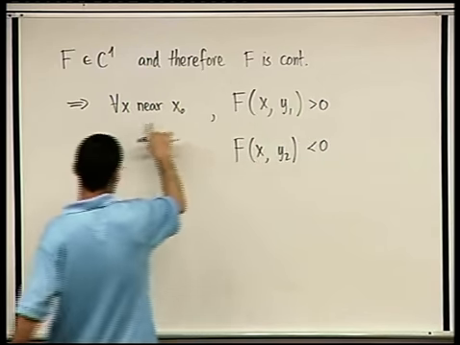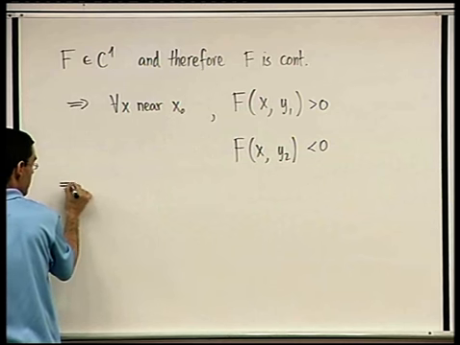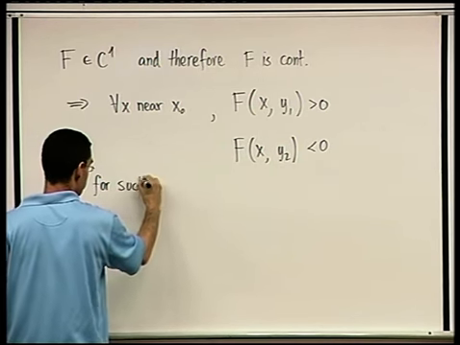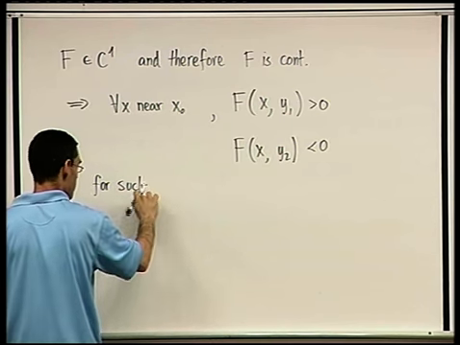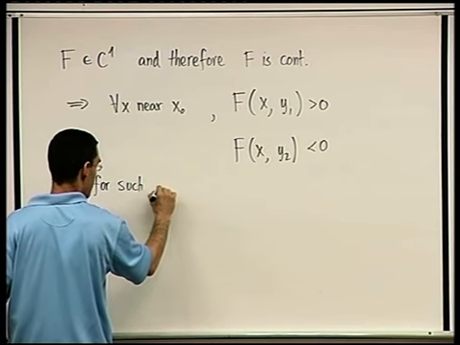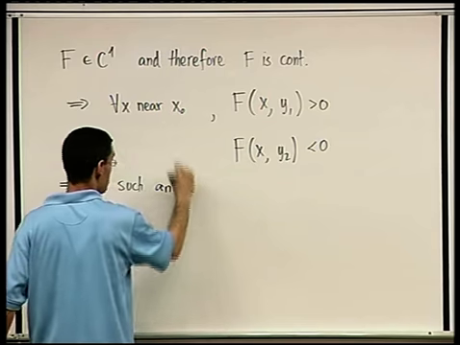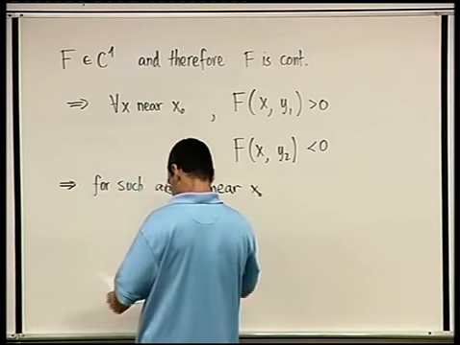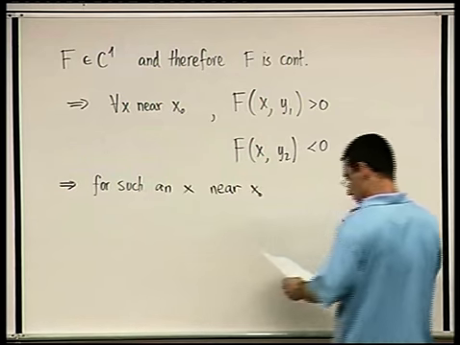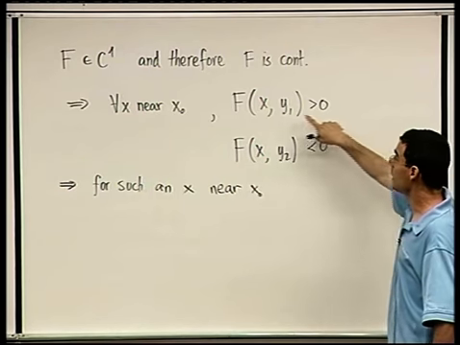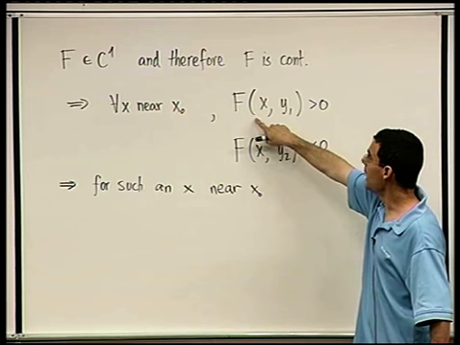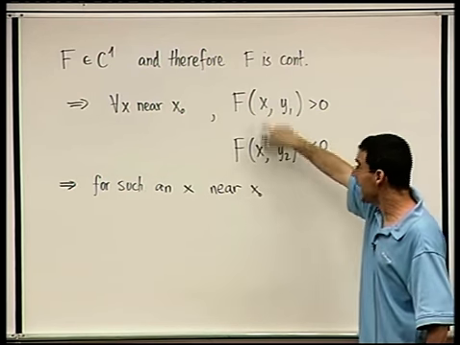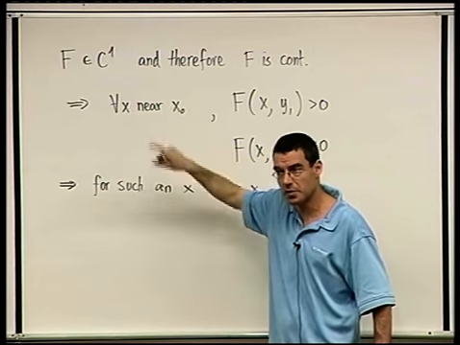Okay, so for such an x near x0, what do I have? I have the value of the function. Now take an x near x0, a specific x.